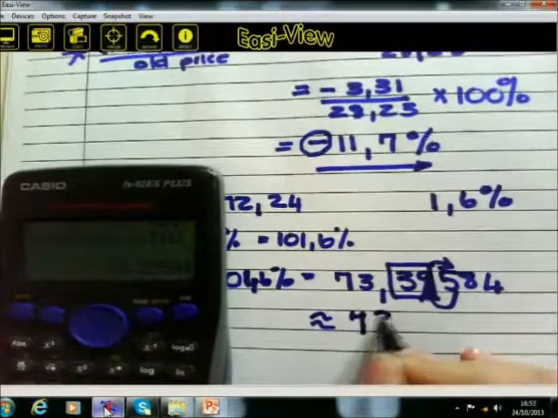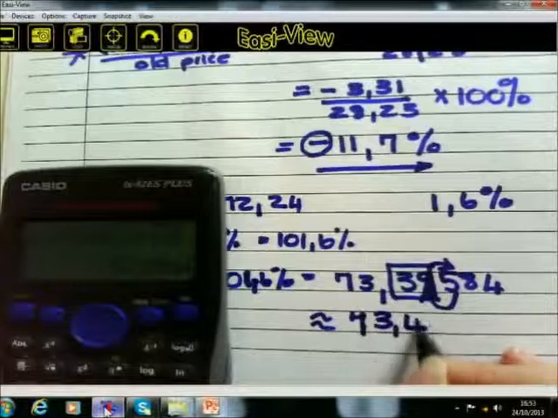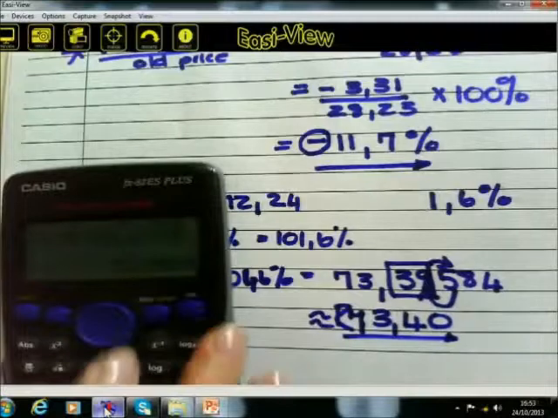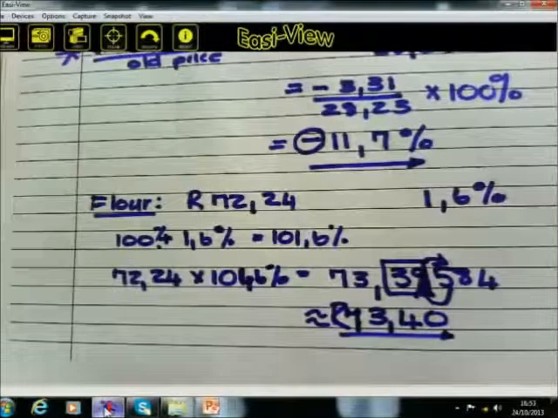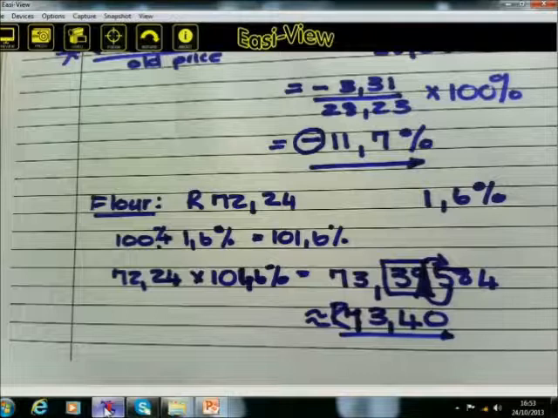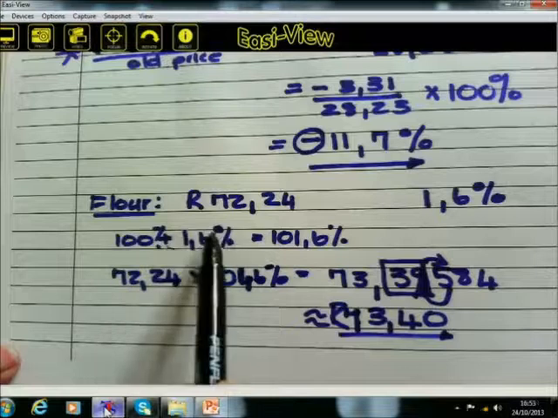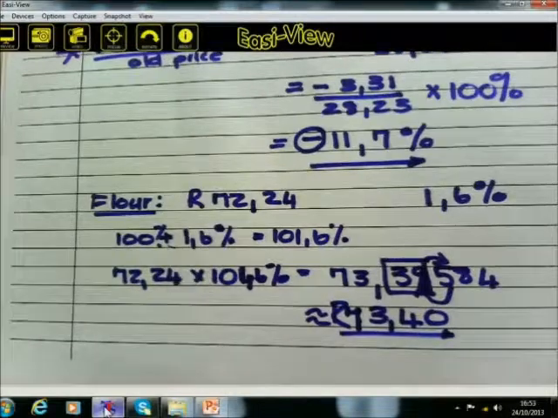So the new price will be 73 Rand and 40 cents. And that's the new price of the flour. Remember, the alternative method is to first calculate the 1,6% and then to remember to add it to the 72 Rand 24.